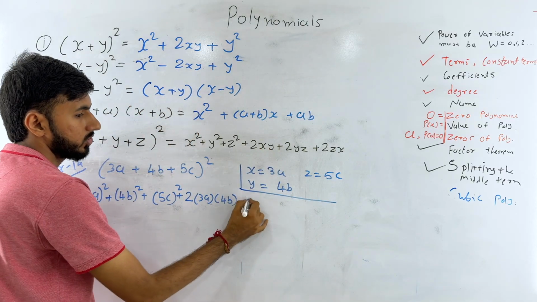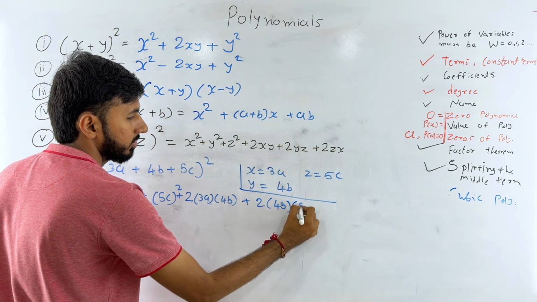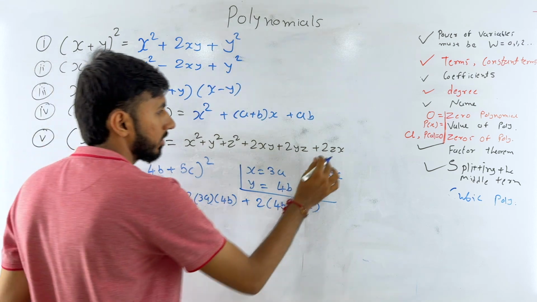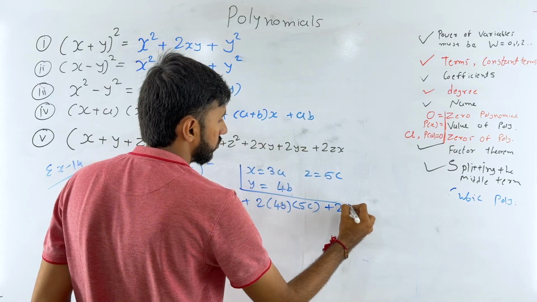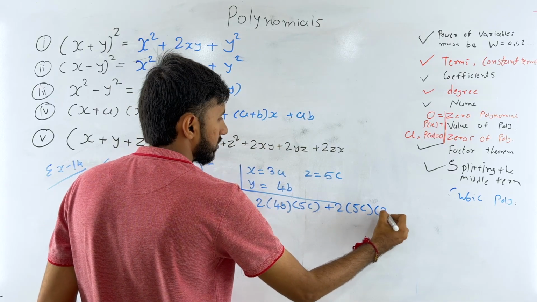Then I have plus 2yz, y is 4b, z is 5c, very easy, right? Then again I have 2zx, z is 5c and x is 3a.